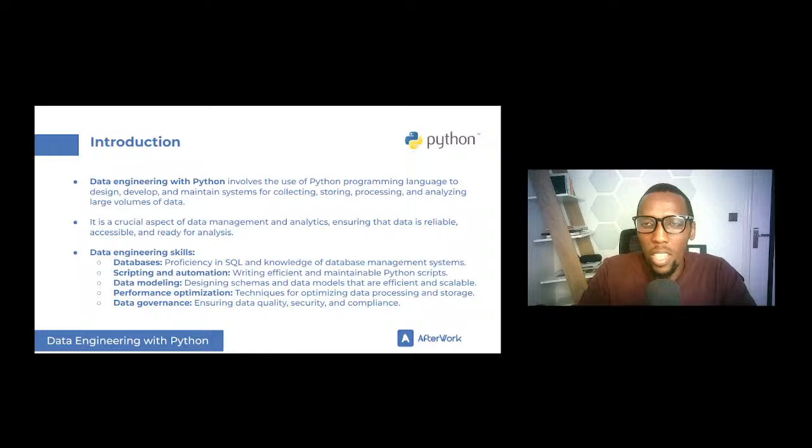What is data engineering with Python? This is a process that involves using the Python programming language to design and develop systems for collecting, storing, processing, and analyzing large volumes of data. Just simply explained, you can think of data engineering with Python as that process that involves collecting data from different data sources.